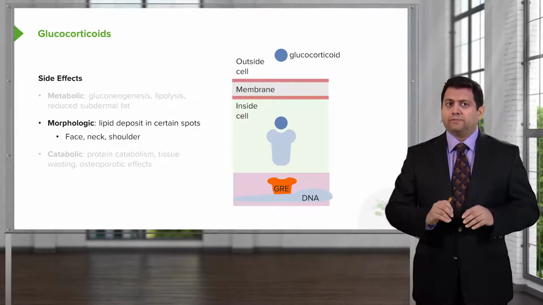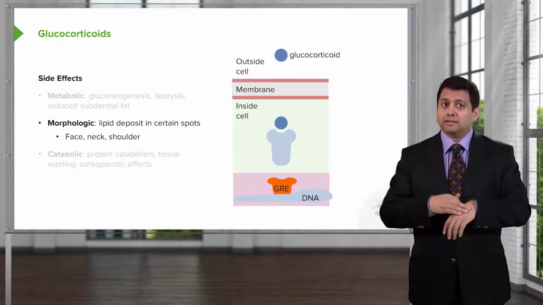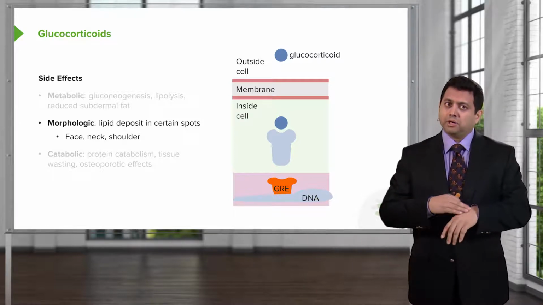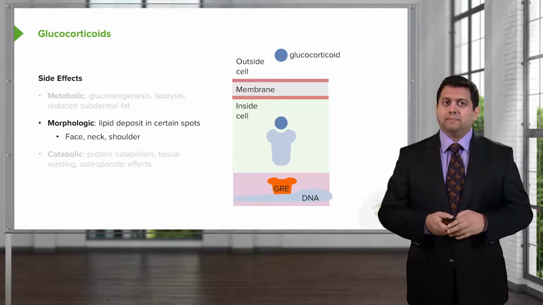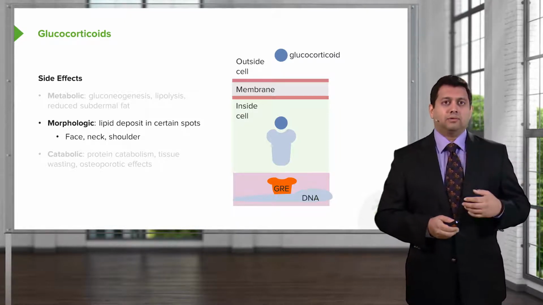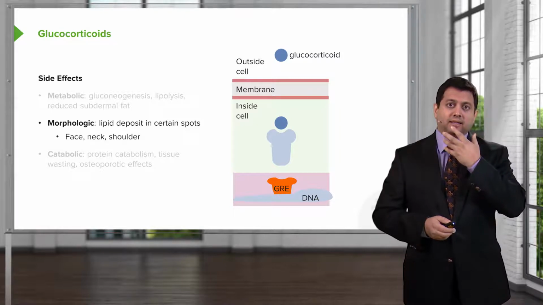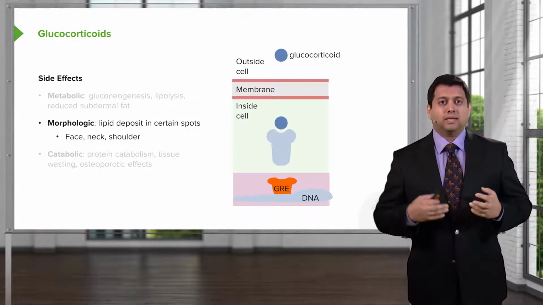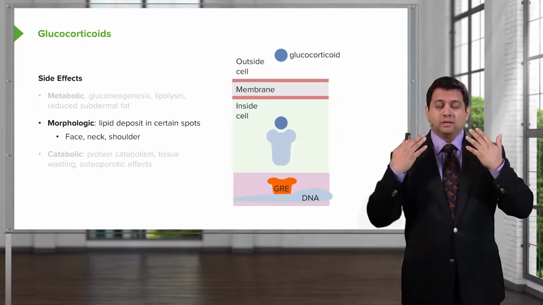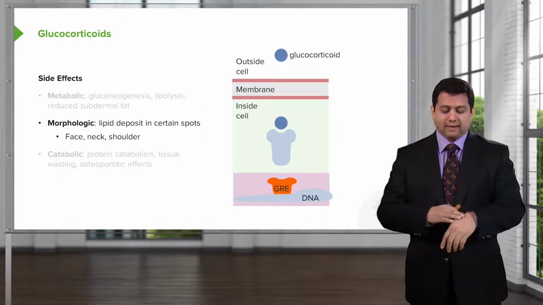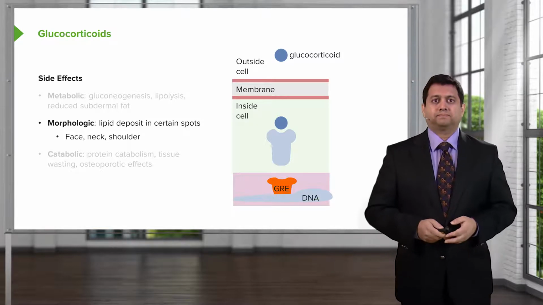Reduced subdermal fat refers to, say, the back of the skin. So people will have parchment-like skin when they're given synthetic glucocorticoids for a long time. People who are given synthetic glucocorticoids will have more fat in the face, shoulder, and neck. So I say that they have a moon face. They have a round, kind of full face, but they have thin parchment-like skin.